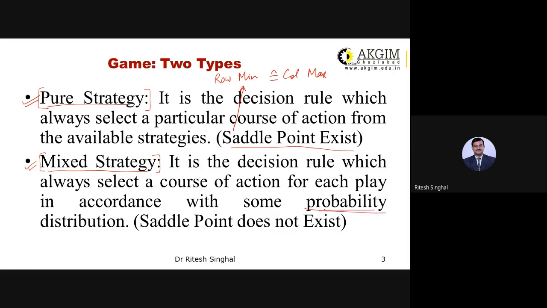So the word probability comes here. The result will obviously be there, but with some probability. You generally suggest to the players that they should use these strategies with some probability. And a point of identification here is that the saddle point usually does not exist in case of a mixed strategy game.